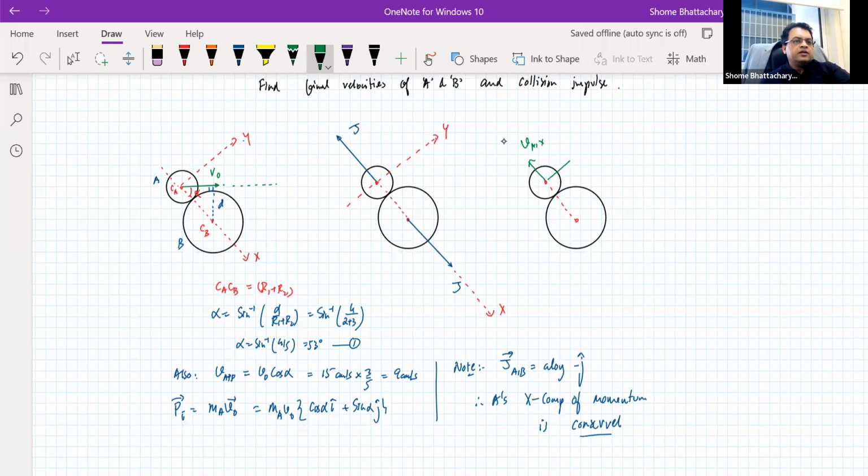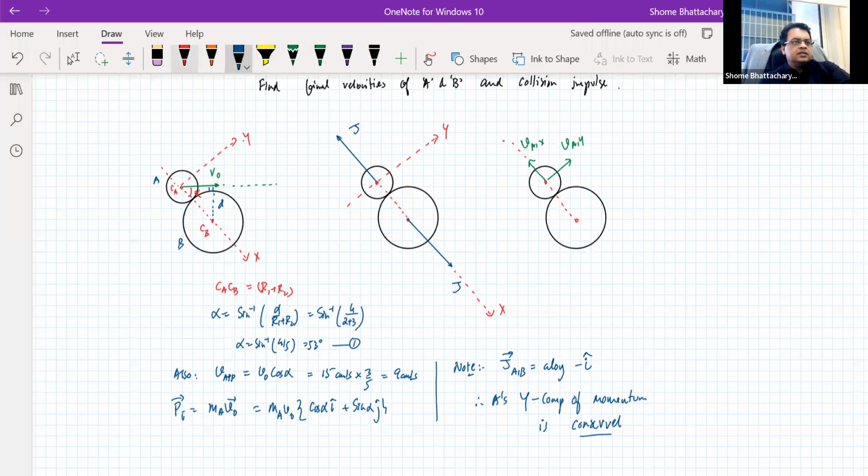Rather, A still has a y component of momentum, which will remain conserved from before, because there's no impulse acting in that direction. The impulse is acting only along the negative i cap. Okay, I have mixed this up here. Just make this correction. The impulse acting on A is along minus i cap, the negative x-axis that I've chosen. Therefore, its y component of momentum is conserved.